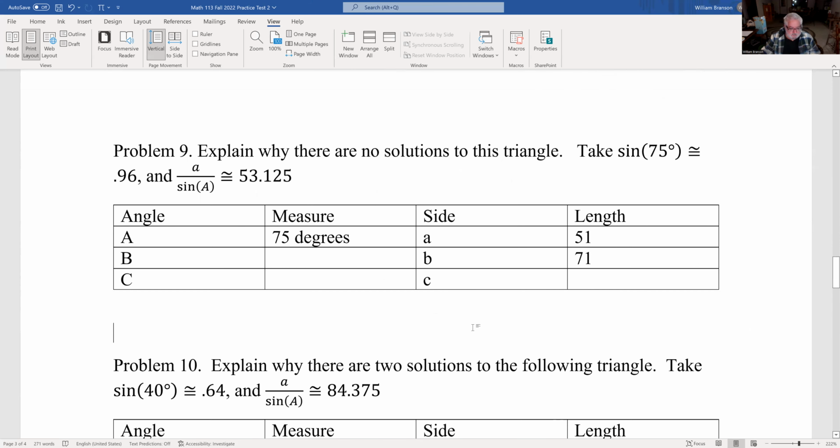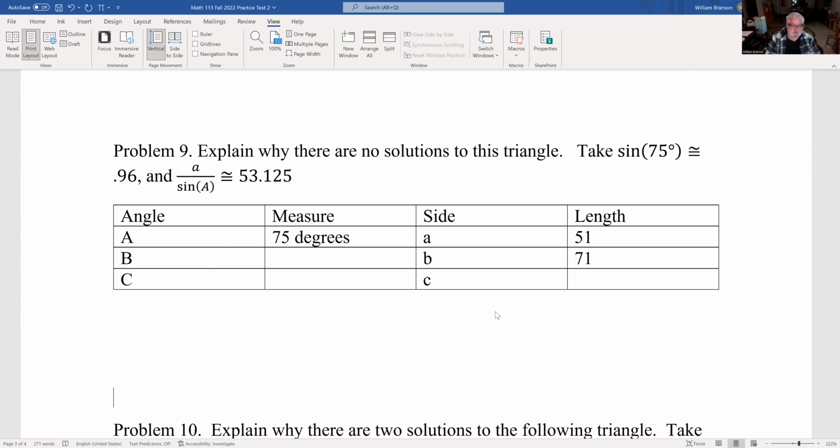So why are there no solutions to this triangle? How do you go about explaining this? Well, this is a law of sines problem. Right? And anytime you see something like this, that tells you we're dealing with the law of sines. So the only side length you know besides A is B. So we know A over sine A is about, I'm just going to call it 53.